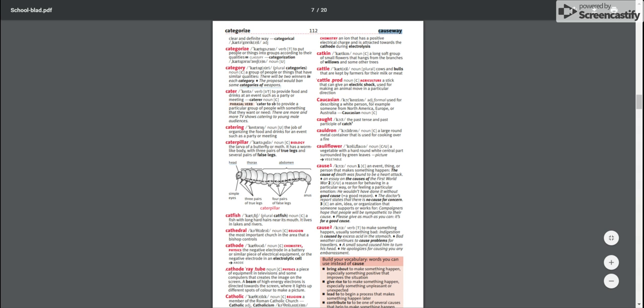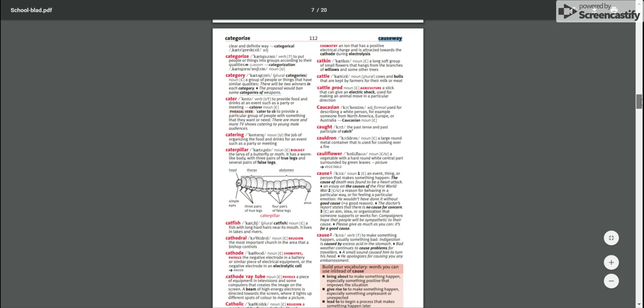There's a little dotted line before them, and they're in bold, black letters. Those are the guide words. All that means is categorize is the first word on this page. You see it right there. And causeway is the last word on this dictionary page.